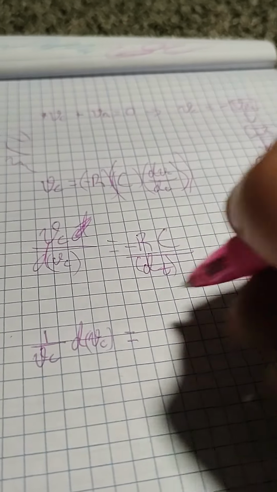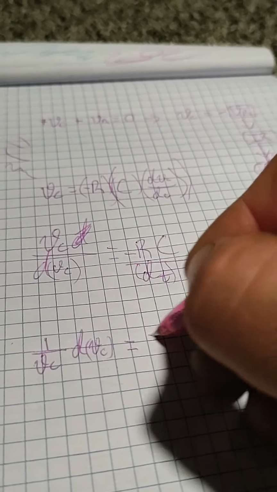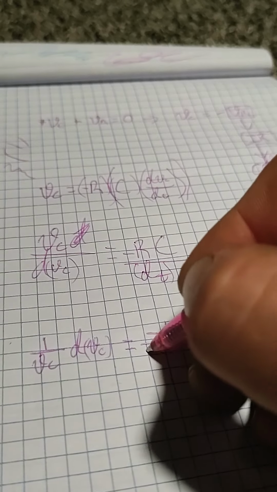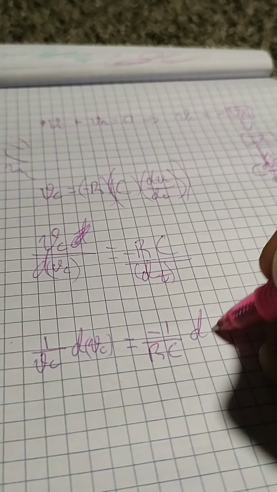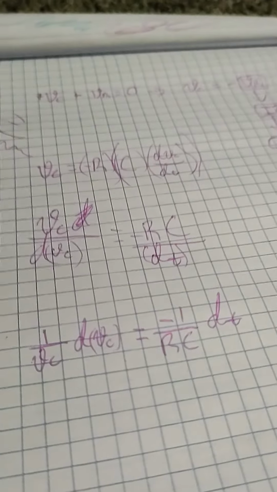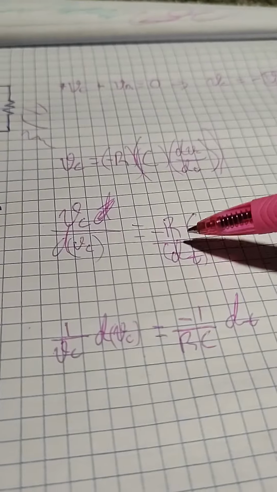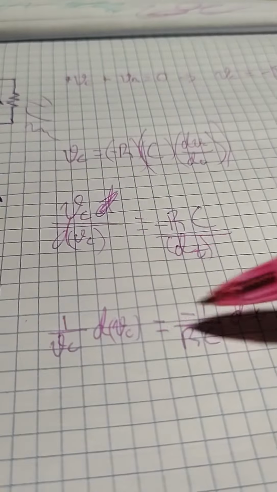And that's going to equal negative 1 over R times C multiplied by the differential change in time. So we've taken the inverse of each side. So we still haven't changed anything.